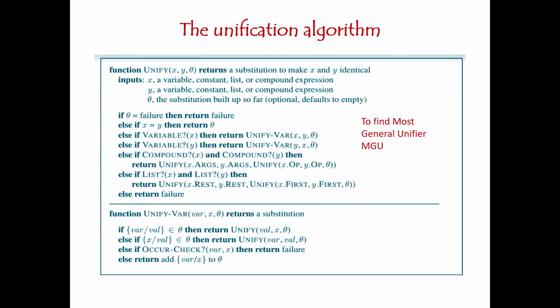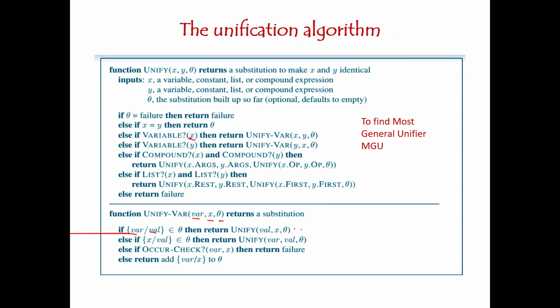That means if you have a variable X, we call the algorithm unify var of X comma Y comma theta. Let us see this: unify var of var comma X comma theta. What does this return? It returns a substitution theta. Now if var is substituted with a value, then the algorithm returns value comma X comma theta.